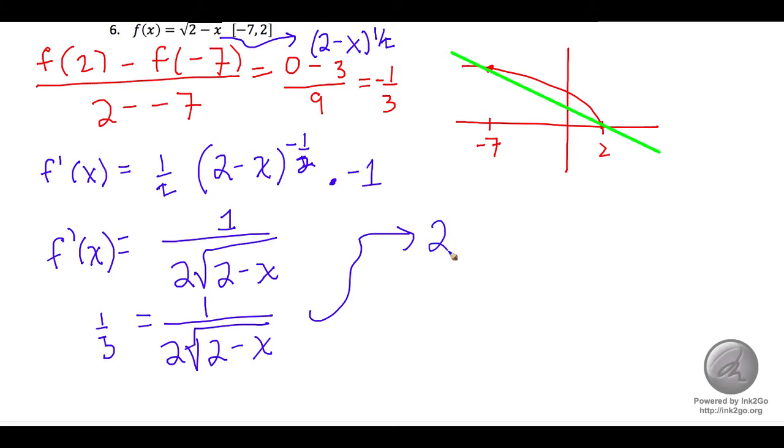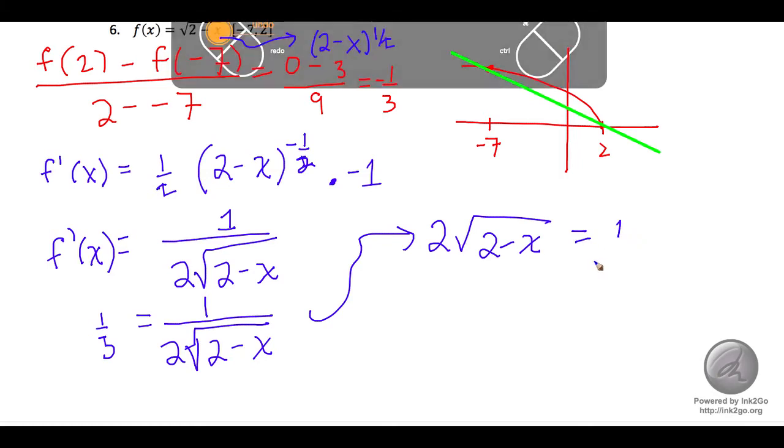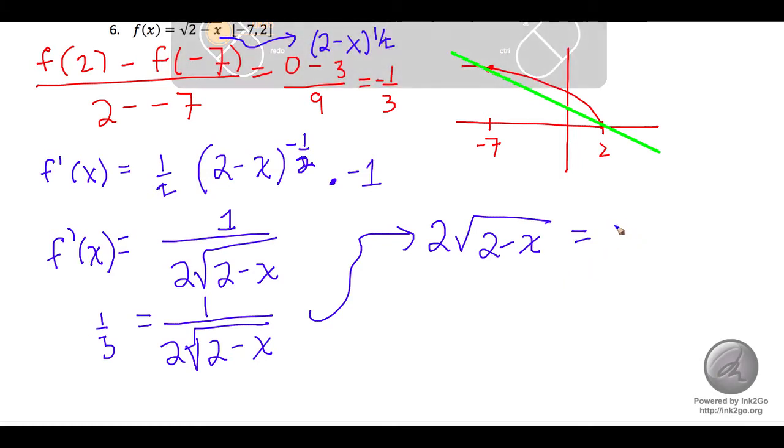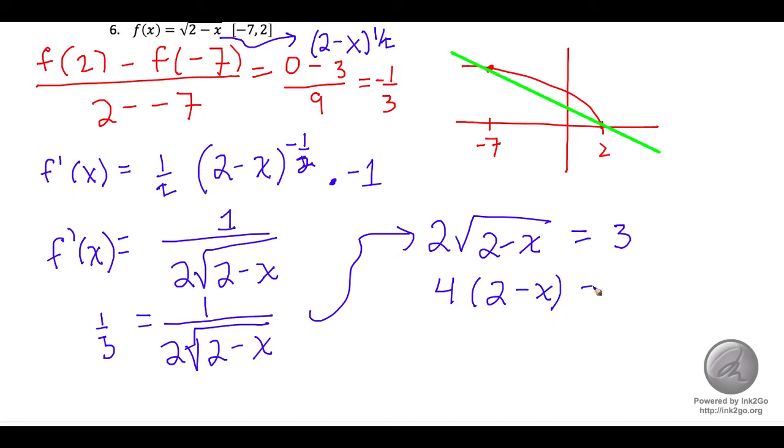So I get 2 root 2 minus x is equal to 3. Square everything, I get 4 times 2 minus x is equal to 9. I'm just squaring everything.